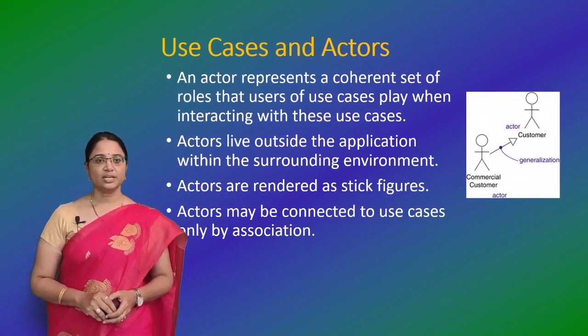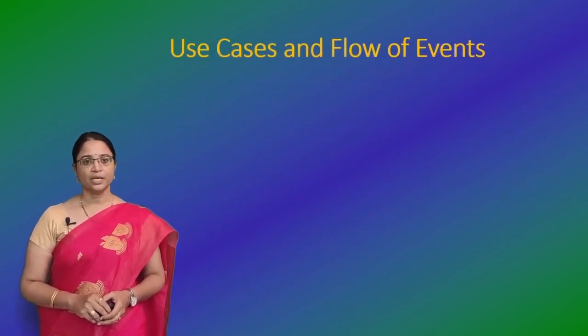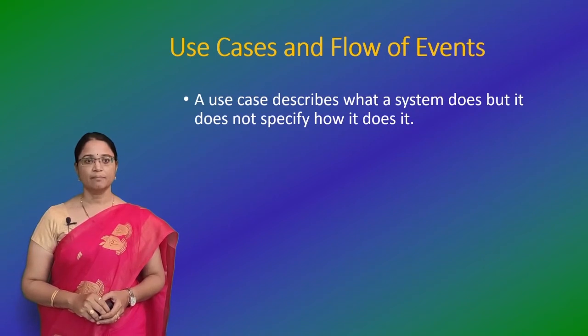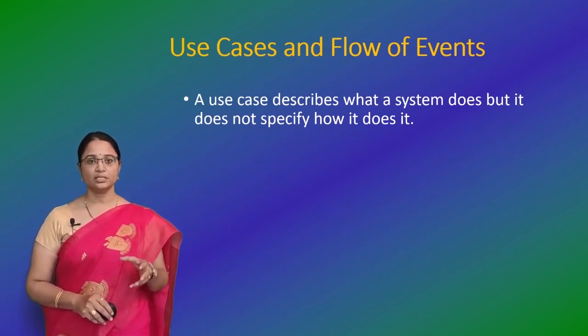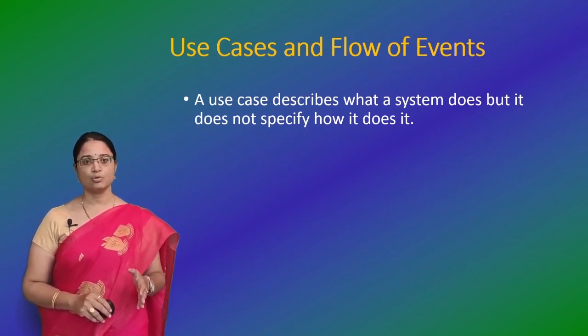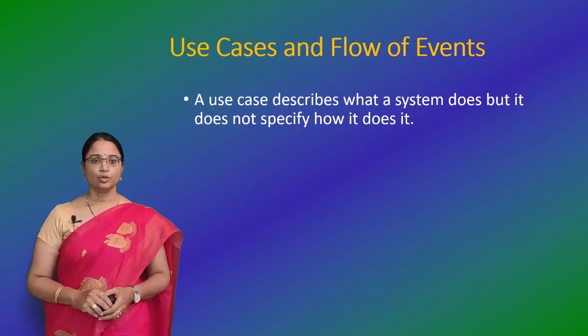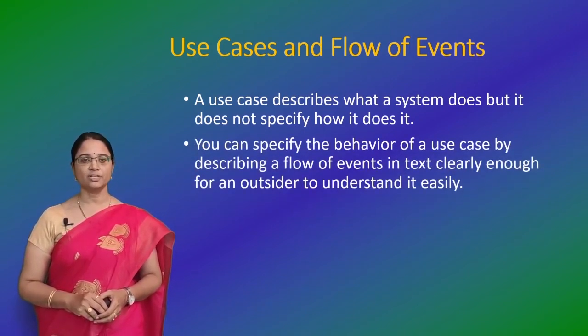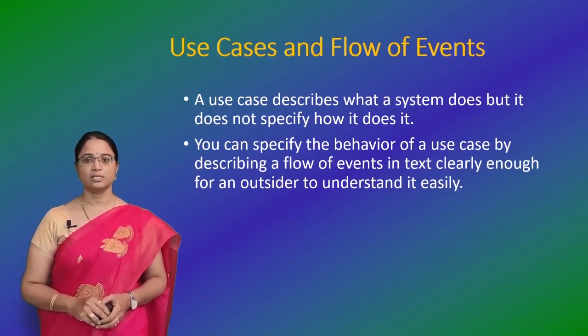Coming to the use cases and flow of events. A use case describes what a system does, but it does not specify how it does it. When you model, it is important that you keep clear the separation of concerns between this outside and inside view. You can specify the behavior of a use case by describing the flow of events in text clearly enough for an outsider to understand it easily.